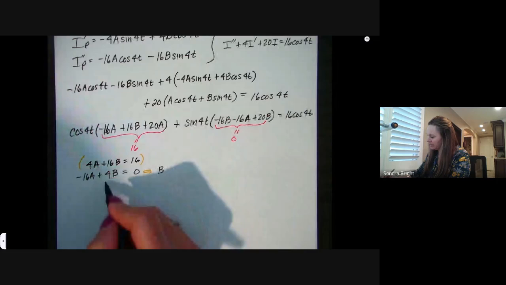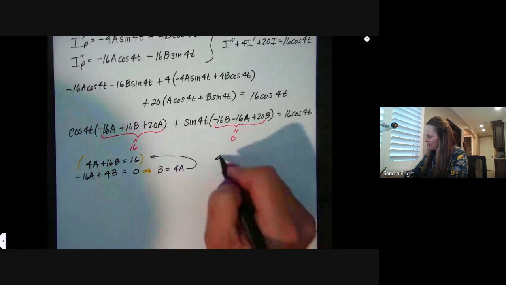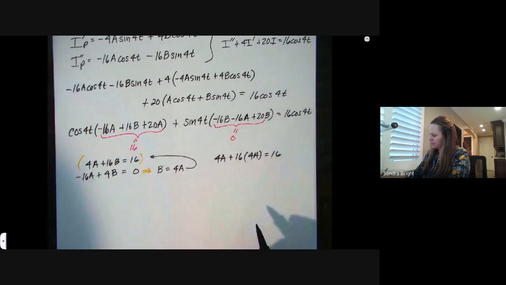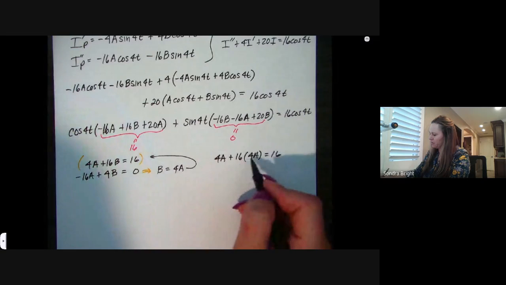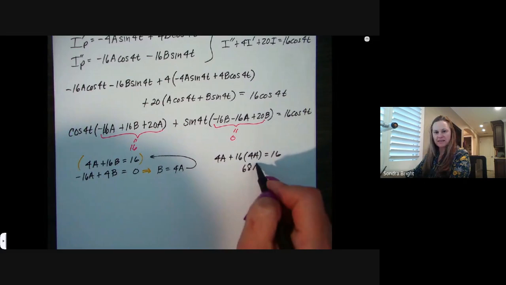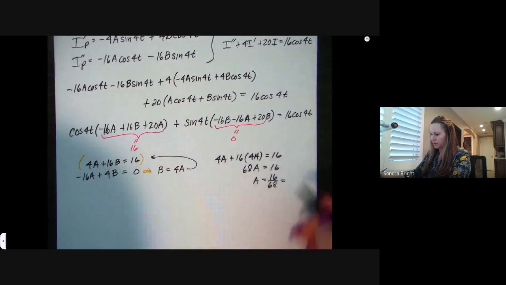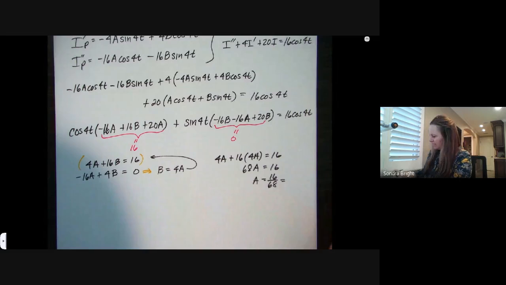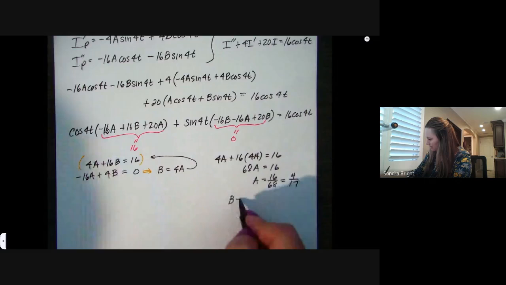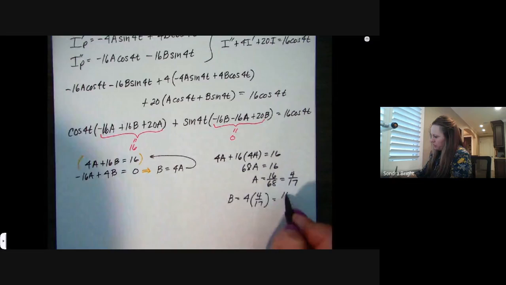All right, now I'm going to plug it into this one, which will give me 4a plus 16 times 4a is equal to 16, which is 4, 64, so 68a equals 16, and so a is equal to 16 over 68, which 4 goes into both, 4 over 17. And so then b is equal to 4 times a, so 4 times 4 over 17, which will give you 16 over 17.